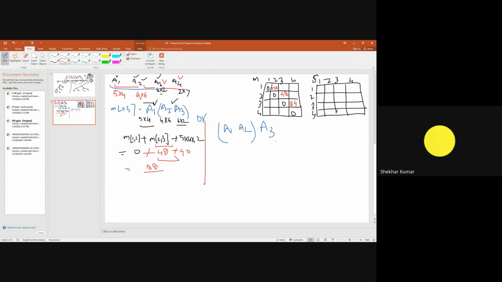Now in the second approach, I will do the same. A1 is a 5×4 matrix, A2 is a 4×6 matrix, and A3 is a 6×2 matrix.